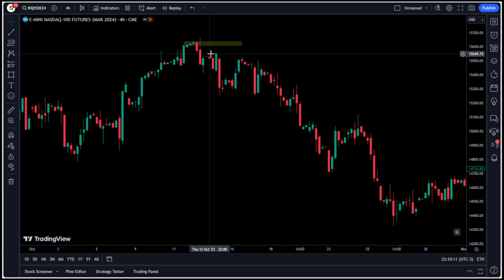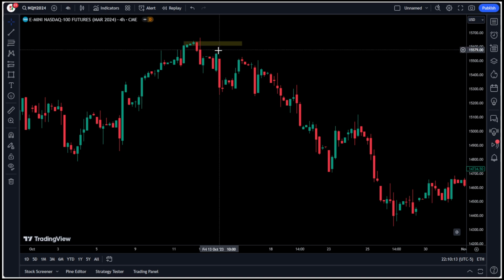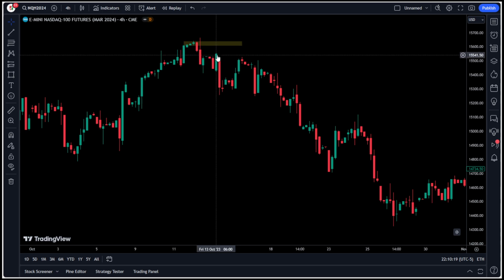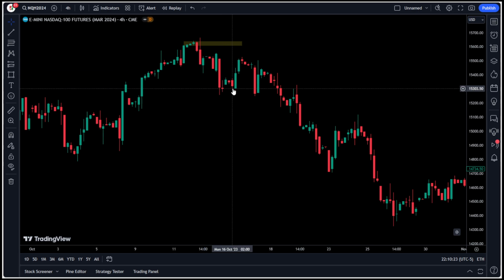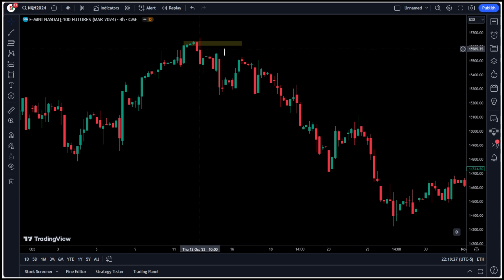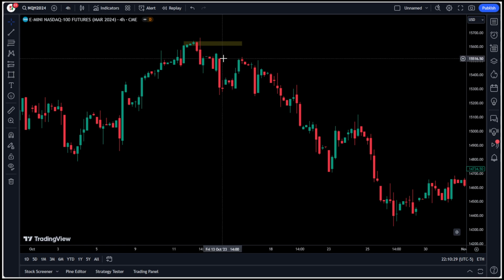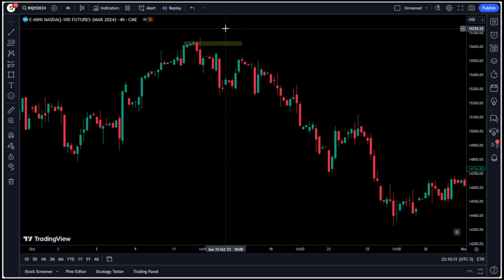Here, price created a fair value gap, and in this fair value gap, a bullish candle closed. The next candle started moving down. So this is an indication that you can enter sell from here. Put your SL at this point.